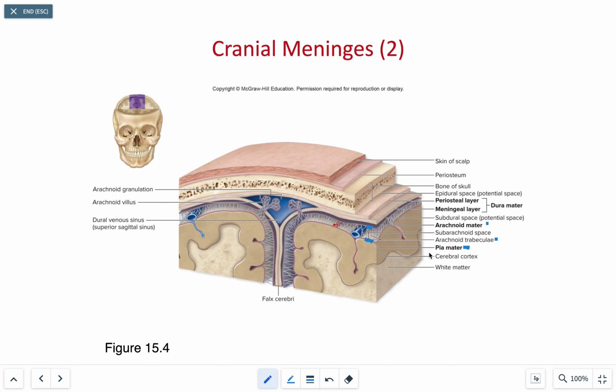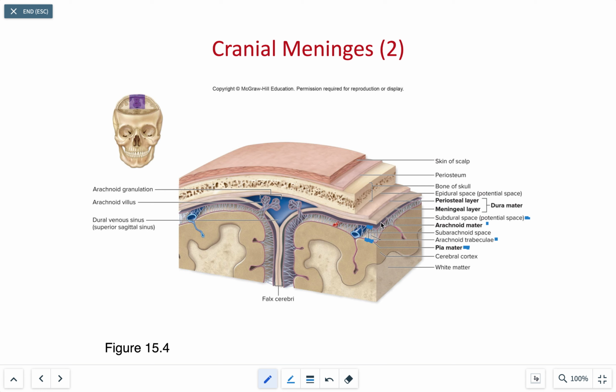And then we also have a potential space, the subdural space. If we were to peel back from the upper surface of the subarachnoid space, between there and the meningeal layer, we call this the subdural space.